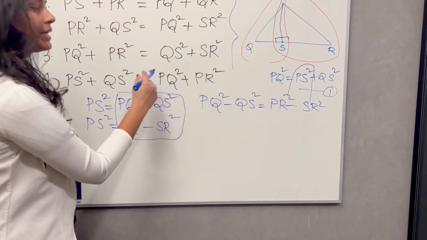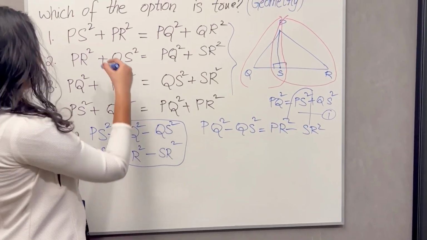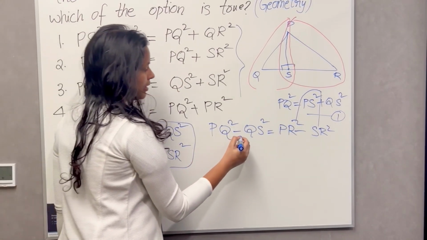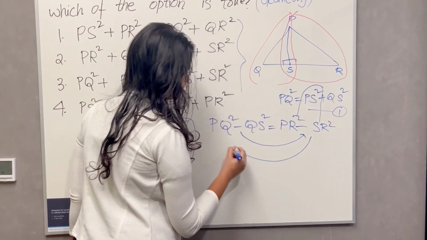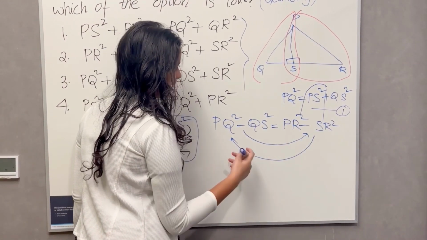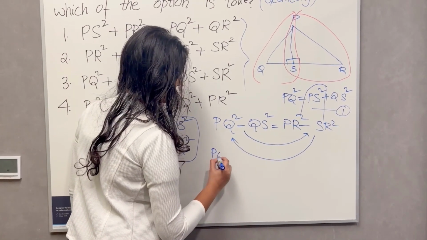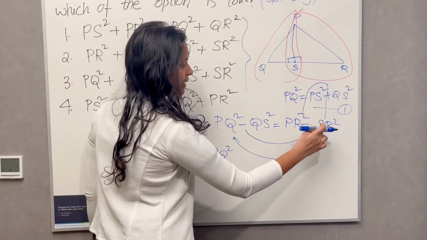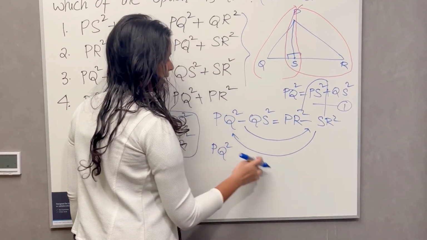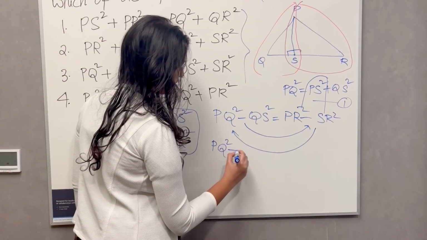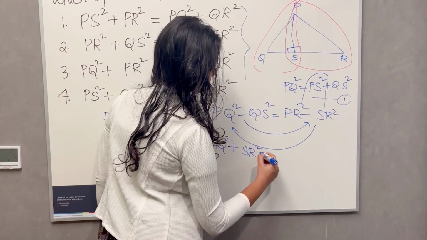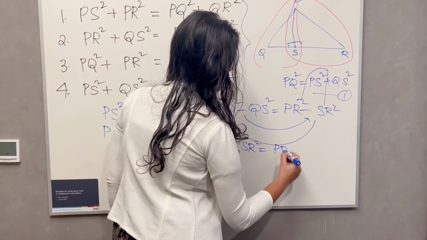In the options, the negative sign is not there, all are positive. That means we'll send these terms to the other side. What do we get? Minus becomes plus. PQ square, here minus SR square is there, it goes to the left hand side, so it becomes plus SR square, equals PR square.